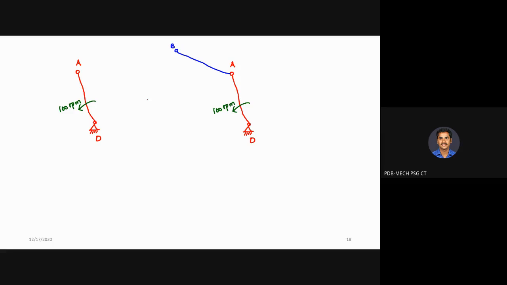Suppose you are having a link like this, take this as case 1, this is case 2. You consider the link OA, which is rotating at 100 rpm in anti-clockwise direction. It is clear. So how to find out the velocity at point A?